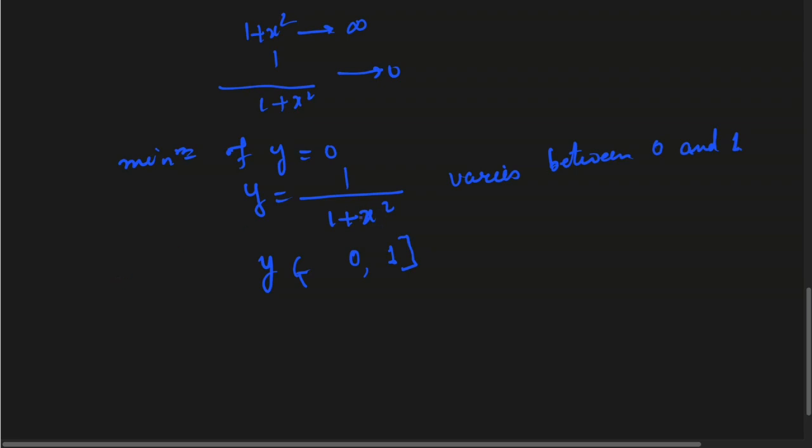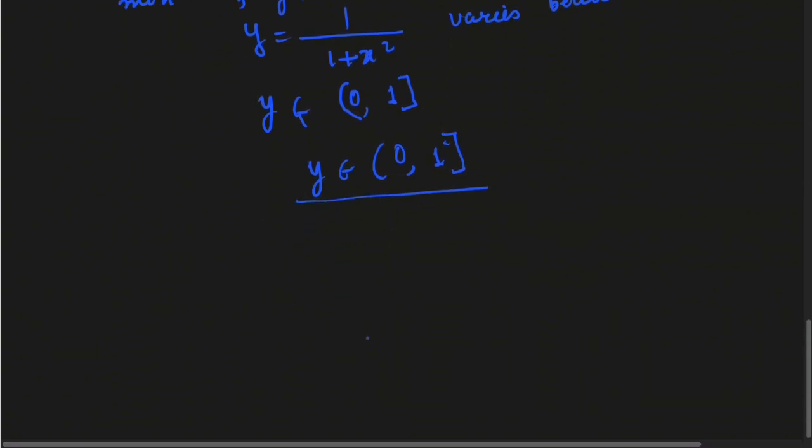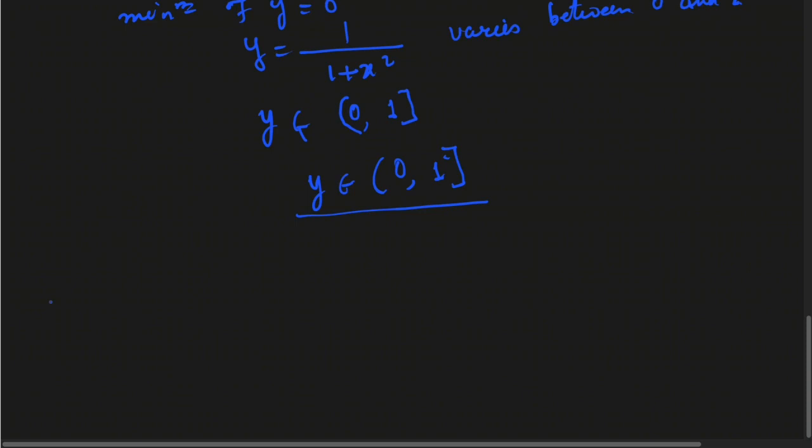Thus, as infinity is not included, the value of y corresponding to x equals infinity should also not be included. So 0 will not be included. So y belongs to 0 to 1, where 1 is included and 0 is not included. So this is the range of this function. This is one of the simplest problems you'll ever come across.